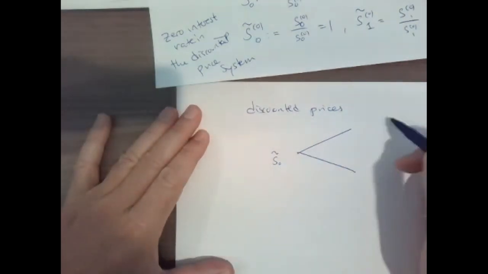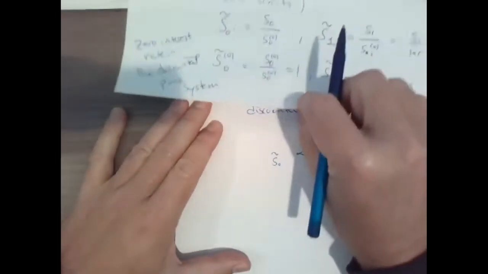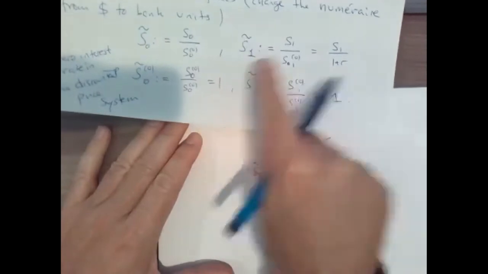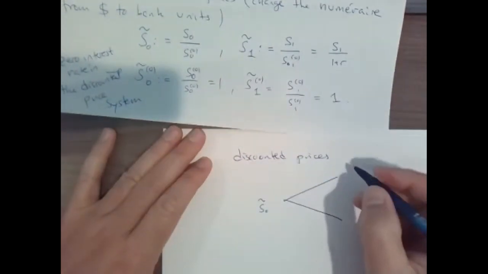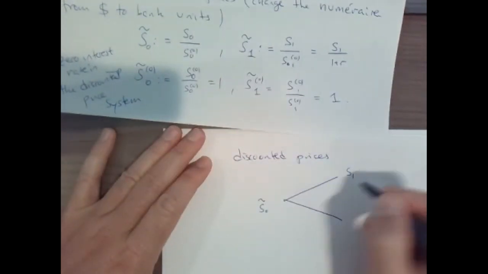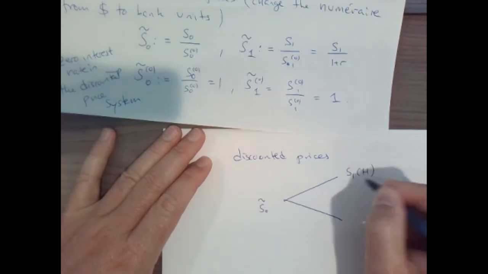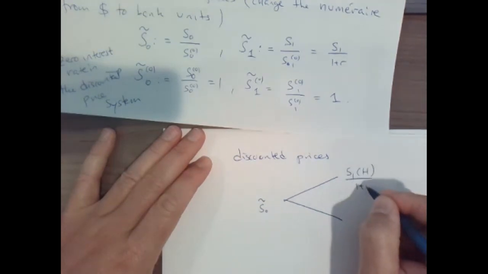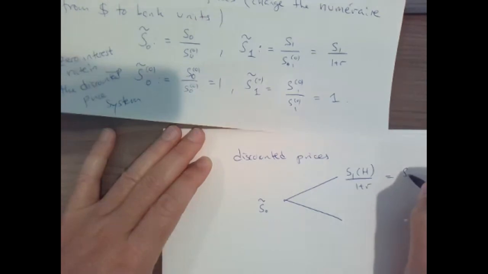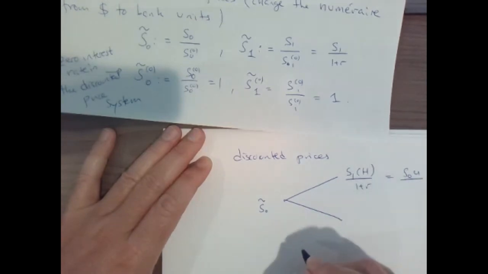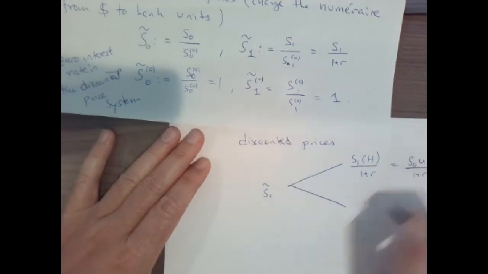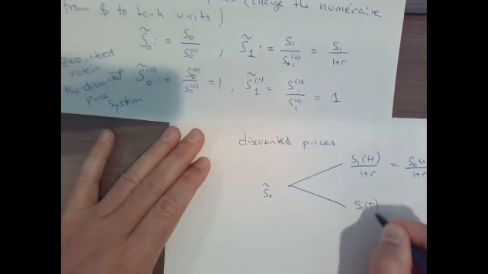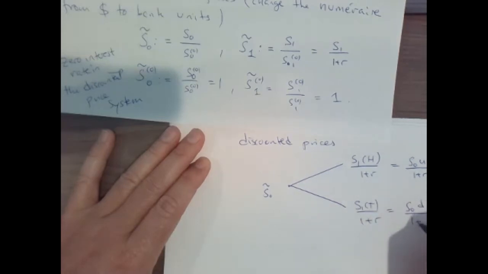It can now go up to, what will it go up to? It will be S1 if it's heads, divided by 1 plus R. This would be S0, heads would be U, and then 1 plus R. It'll be S1 and then tails, S0 D, over 1 plus R.